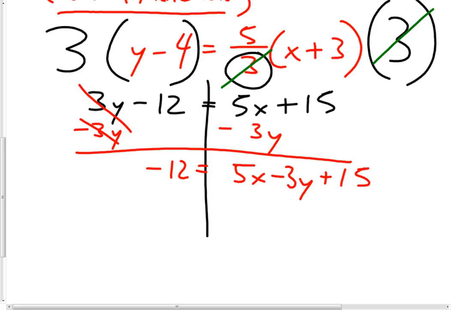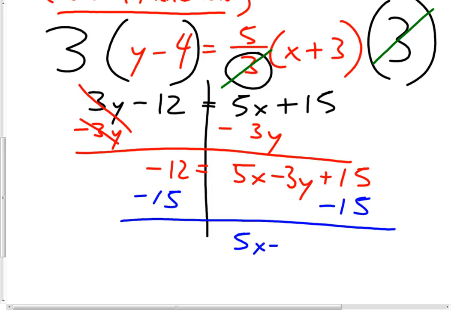Nothing is the same, so I can't combine it. We're almost there. You've got x and y on the same side, but what should I get rid of over here? How do you get rid of it? Minus 15. Notice I'm going to the opposite sides of my wall each time. You're left with 5x minus 3y equal to, what's negative 12 minus 15?